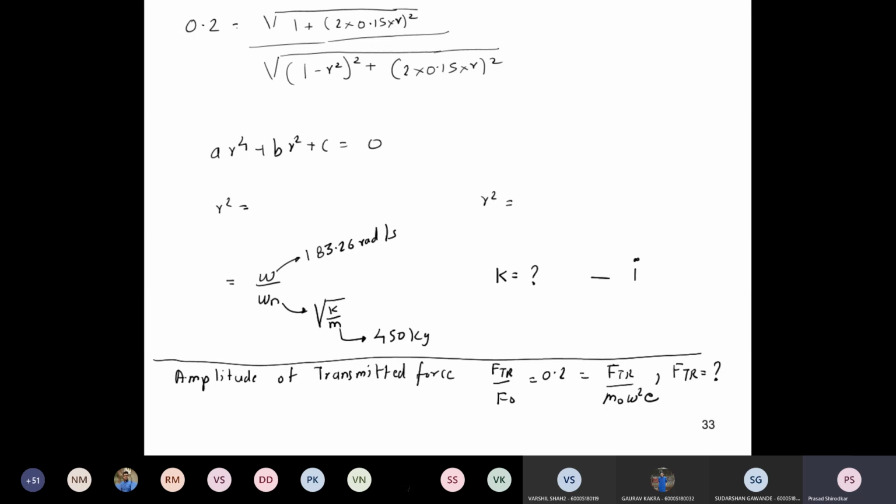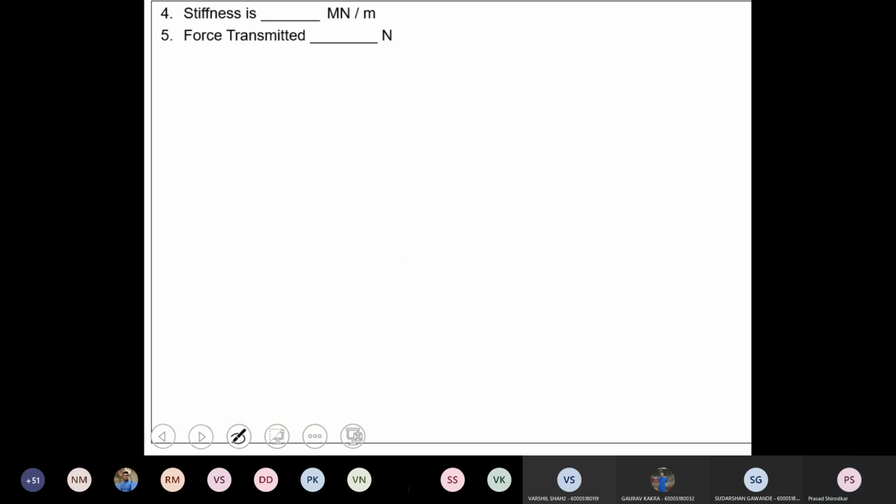So evaluate both these values and answer the next quiz questions number 4 and 5. Be careful with the units. The units of stiffness are in mega Newton per meter, so whatever answer you get, you have to convert it into mega Newton per meter and substitute.